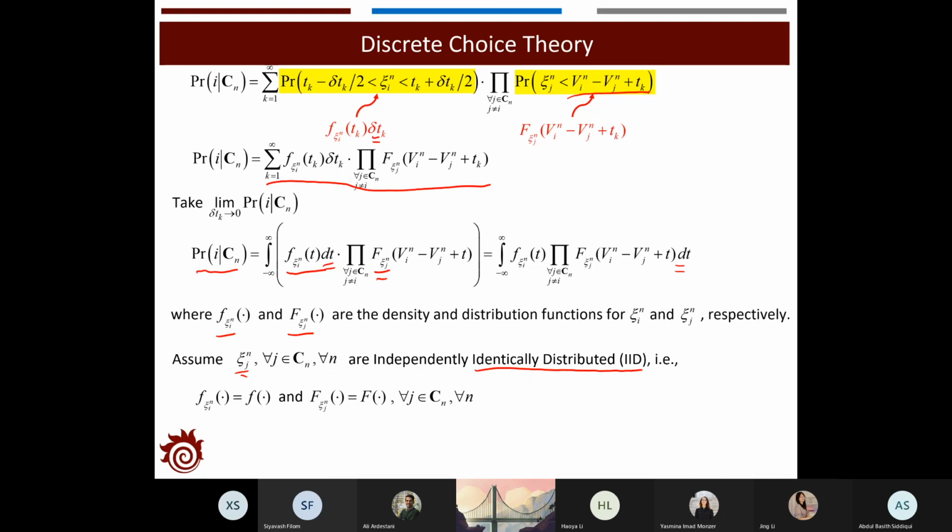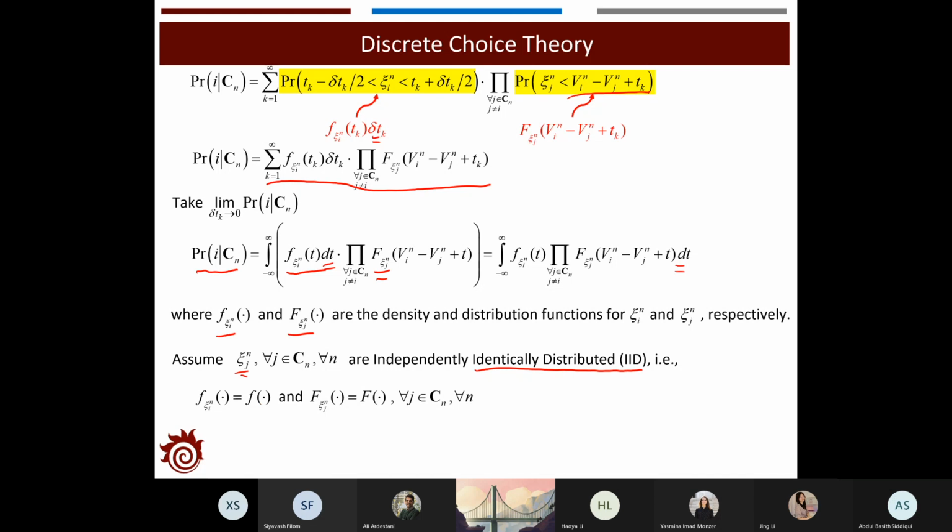In this case, we will not assume that they follow the normal distribution. Instead, we assume that they follow the Gumbel distribution. There are a lot of advantages to introducing the Gumbel distribution for the discrete choice model.